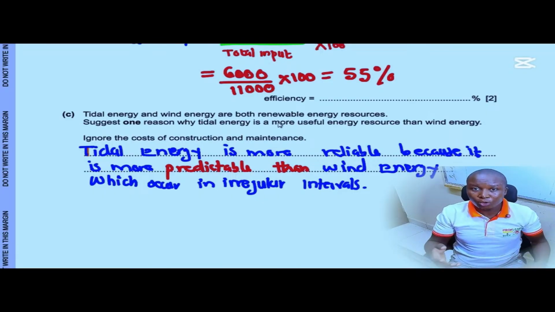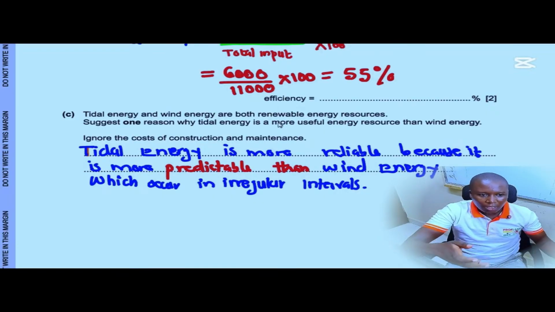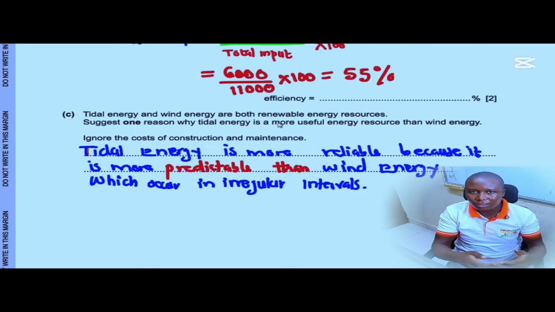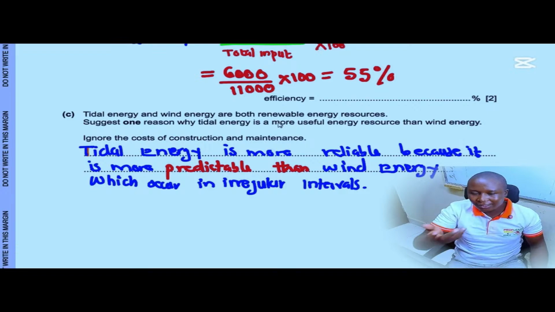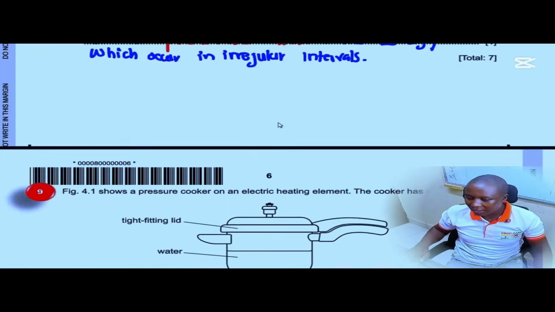You cannot have a continuous flow of energy, because wind can sometimes flow at a very high speed, and after a few seconds it disappears. But tides are kind of predictable, so you're going to base your answer on that.